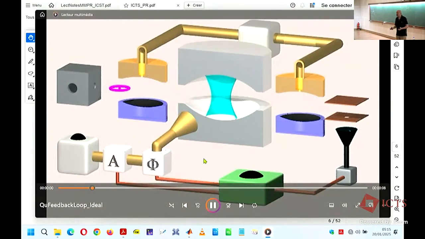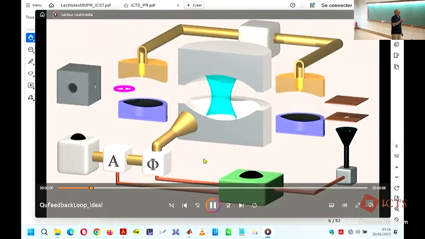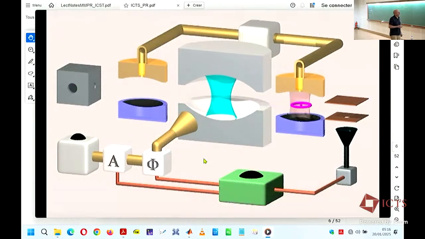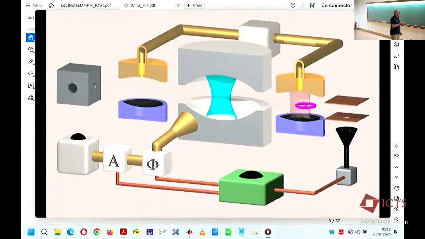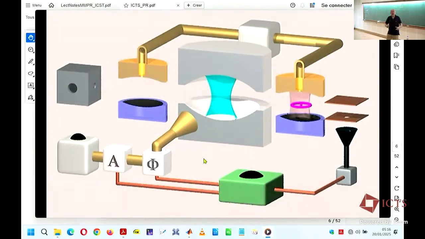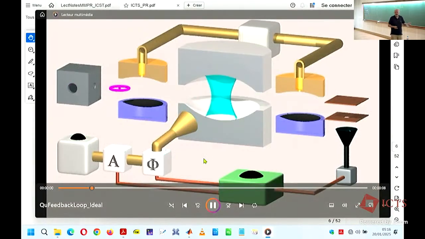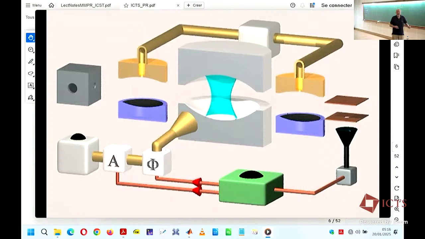The harmonic oscillator is here. It corresponds to a mode inside this cavity, at a certain frequency, typically microwave frequency. So you have photons trapped between the two mirrors. So it is a harmonic oscillator. And here this pink torus corresponds to what are known as Rydberg atoms, and you can model them as a two-level system. So it is a composite system made of a spring and a spin.